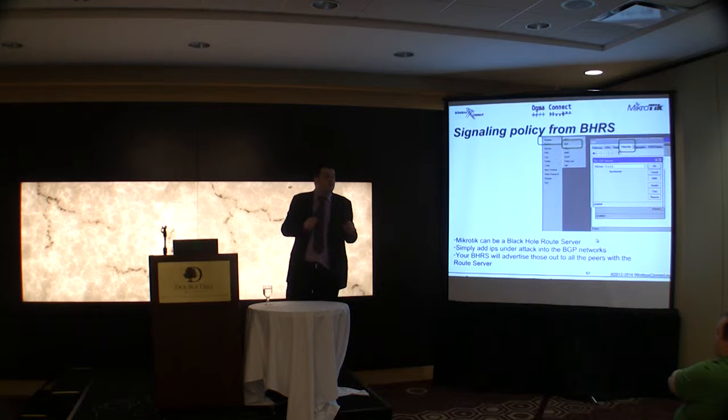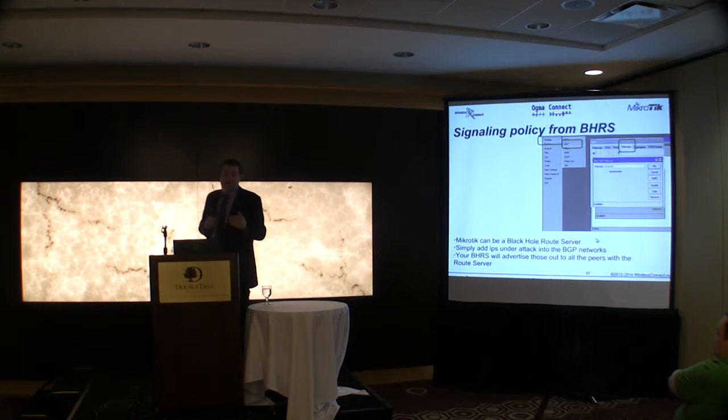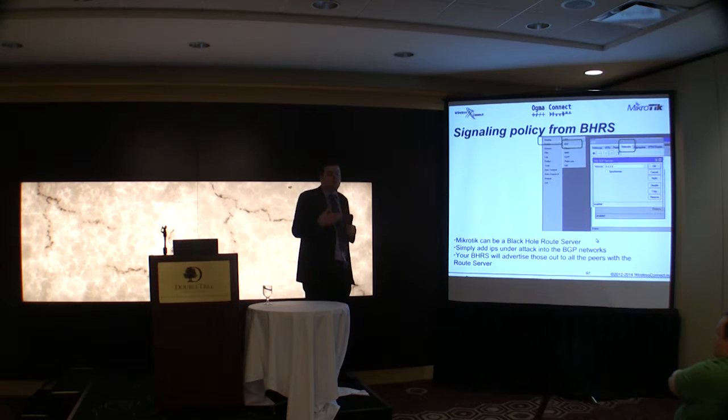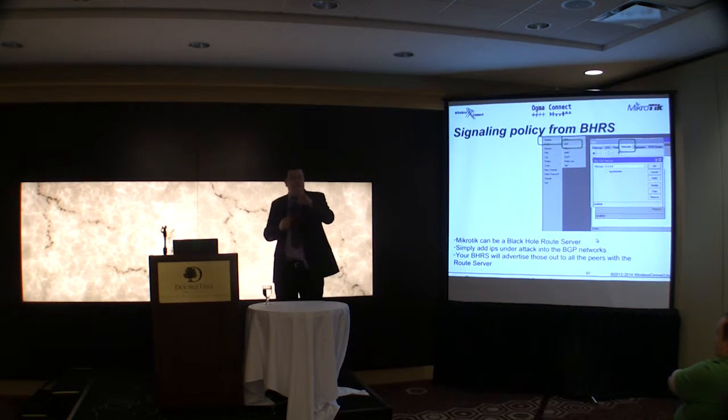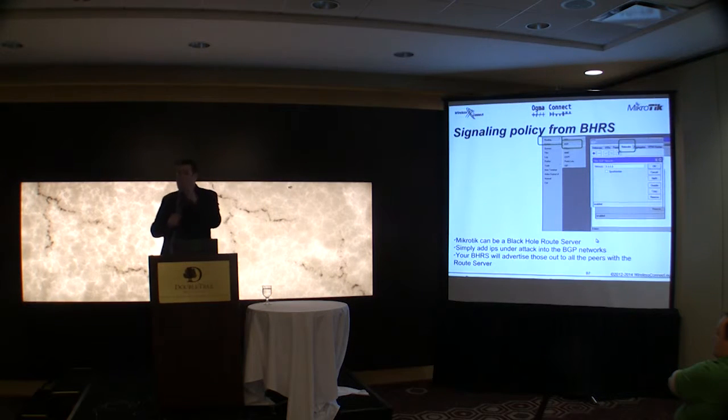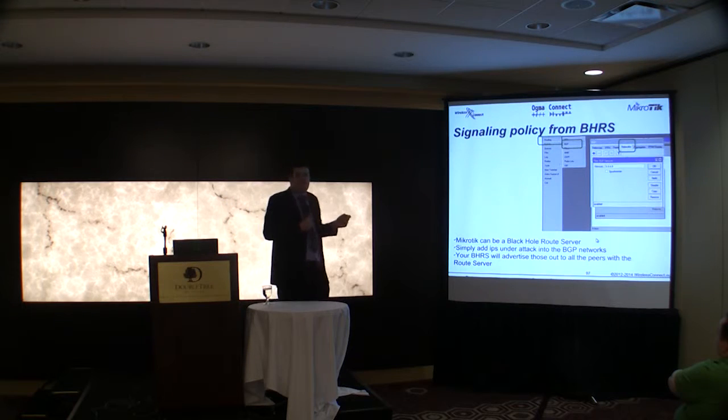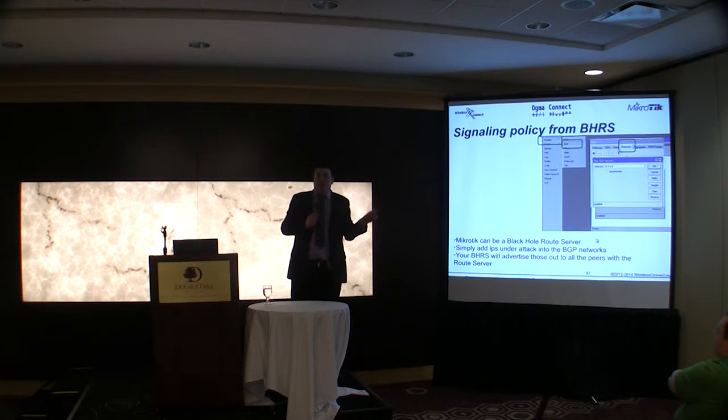If you're a transit ISP, you should only really be accepting routes between 8 bits and 24 bits long, and anything longer than that you just discard. So if you keep your black hole routes in the /25 range and smaller, you avoid the possibility of your black hole routes leaking into your route table or vice versa.